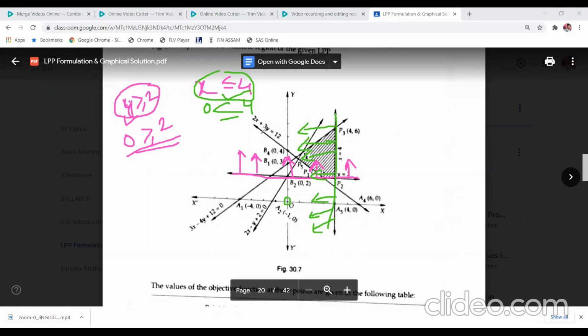Similarly, you find out the solution region of each and every line. After getting the solution region of each and every line, you find out the common solution region.